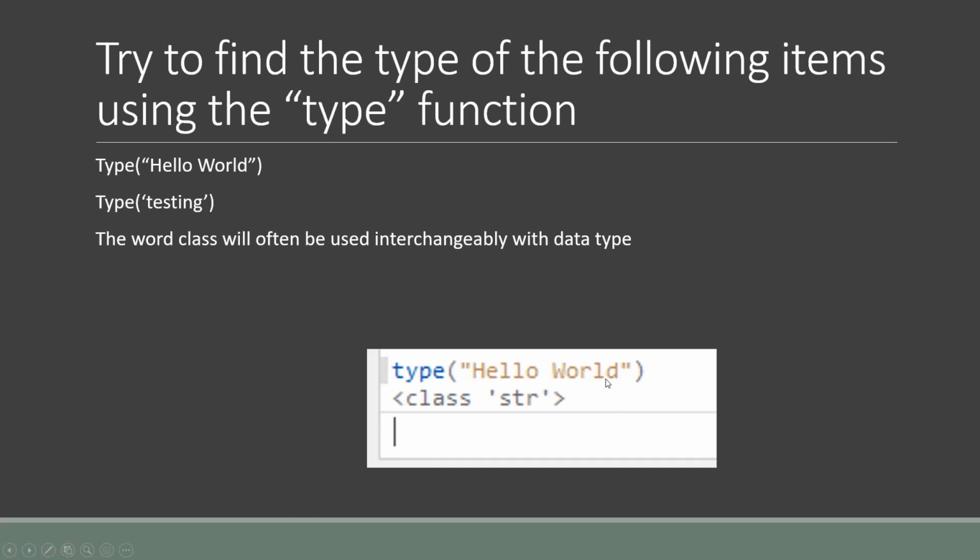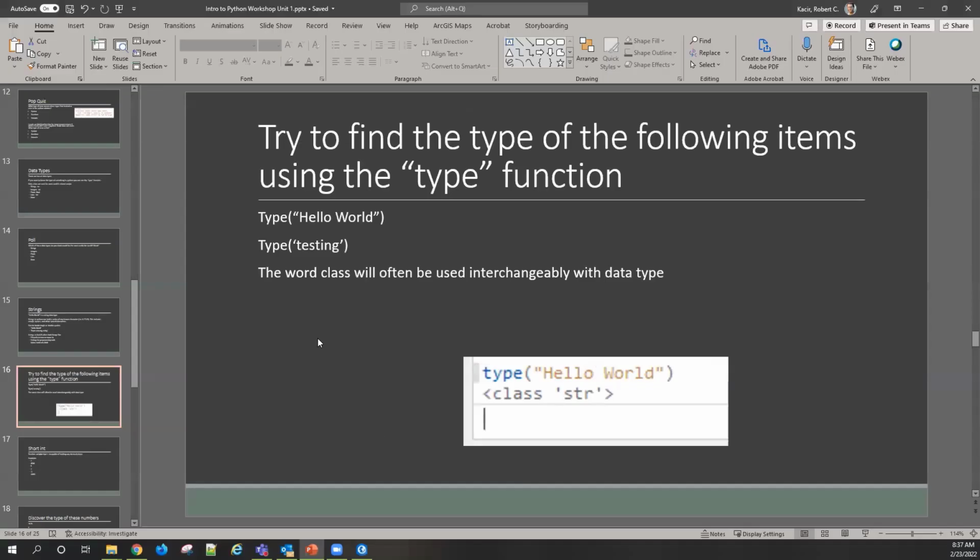So what I'd like you to do is take the hello world text from that first exercise, go into Pro, and run the type function on it. You should be able to get the same result that I'm getting here.